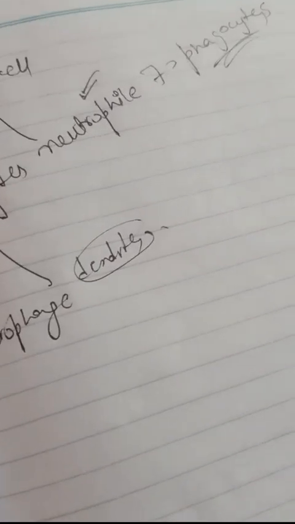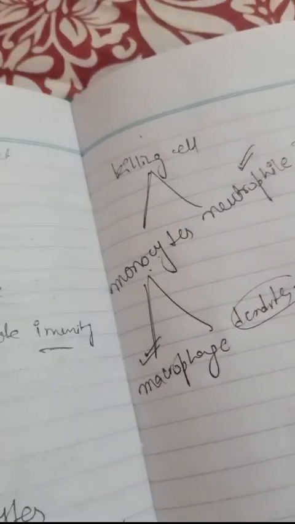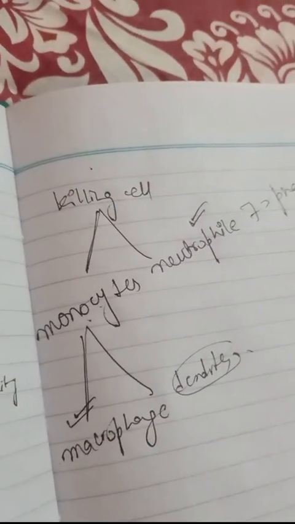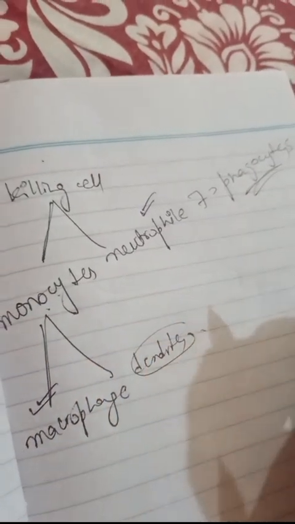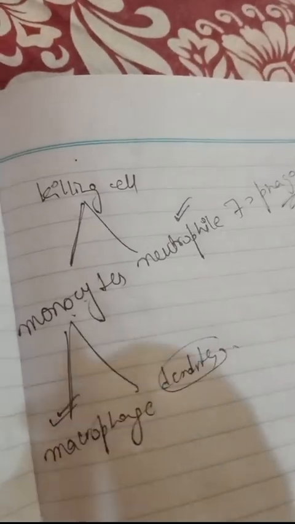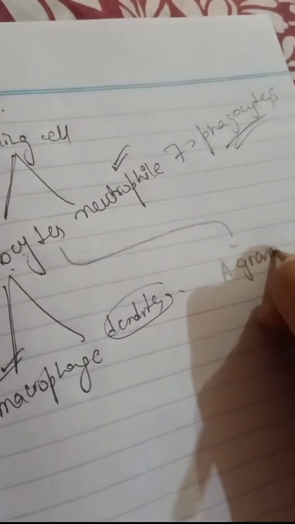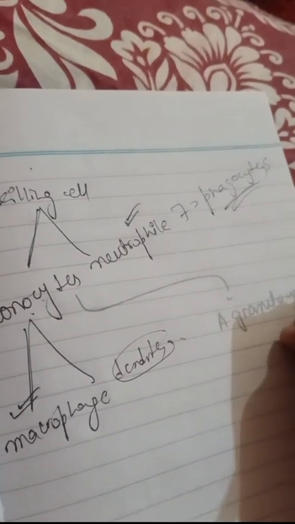Another function: if we talk about the monocytes, they are agranulocytes. What does that mean?